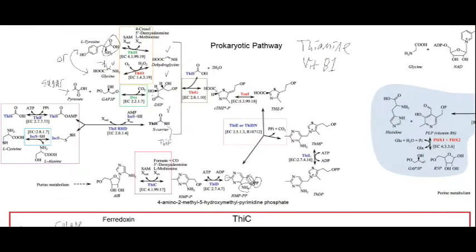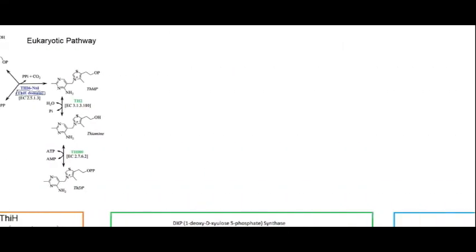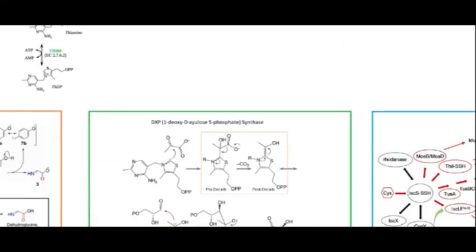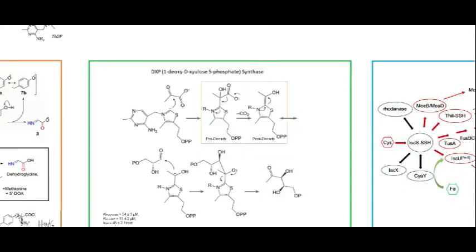All right, to go back and get our bearings again, we've now generated our dehydroglycine and our HMP pyrophosphate. So we still need our DXP and our sulfur here. So we will first go through this DXP, which stands for 1-deoxy-D-xylulose 5-phosphate synthase.